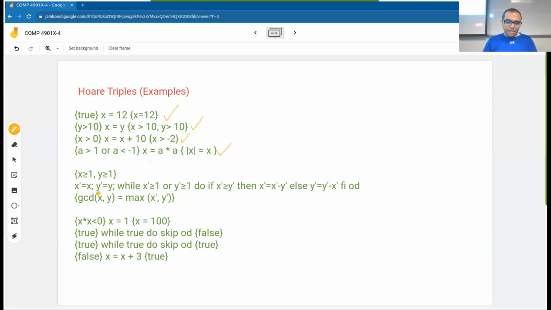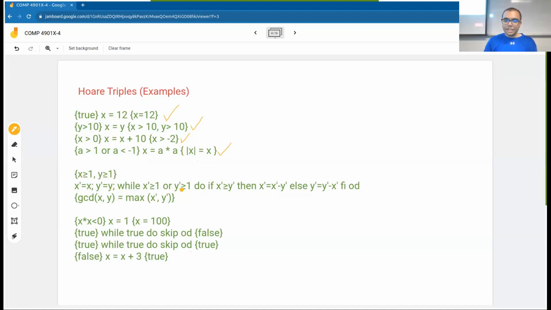Okay, how about this one? This is the Euclidean algorithm. It says, first take a copy of x and y, call them x prime and y prime, and then do the Euclidean algorithm on x prime and y prime.